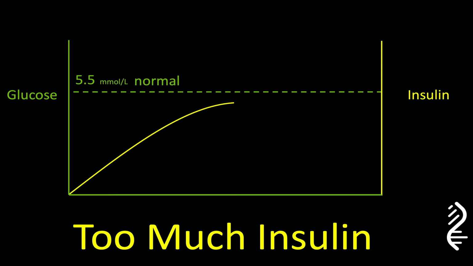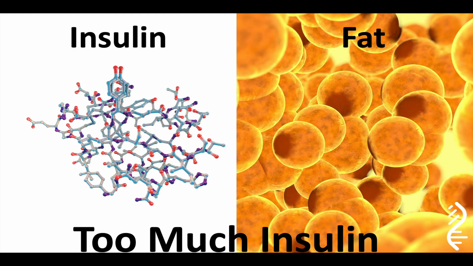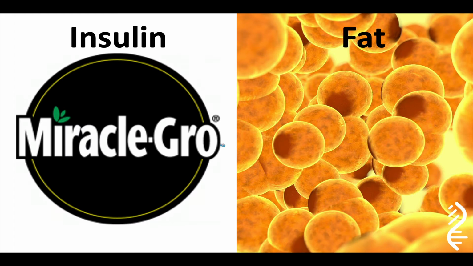Now, the problem with too much insulin is insulin not only stores blood sugar and maintains blood sugar, insulin also stores fat. And so as we get higher and higher levels of insulin, we are able to store fat, but we're no longer able to burn fat because insulin stops our ability to burn fat. So insulin could easily be thought of as Miracle-Gro for fat.